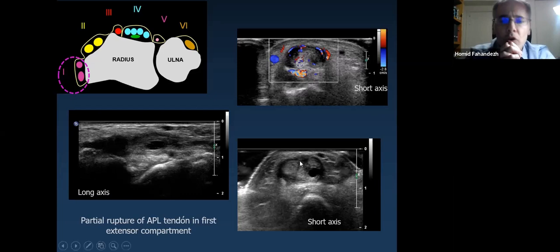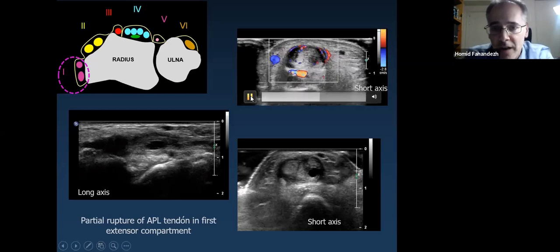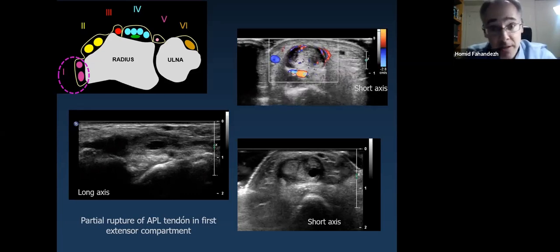And this is in short axis, and here you can see how there is a high vascularity inside of the compartment. That means that there is something going on inside of the compartment, and that gives pain to the patient.